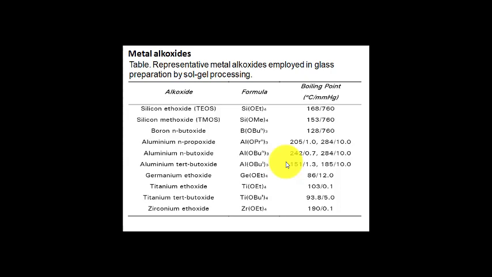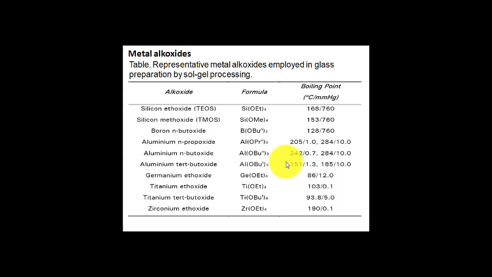Here are some metal alkoxides with formula and boiling point. These representative metal alkoxides are employed in glass preparation by sol-gel processing. First one is silicon ethoxide, which is represented by TEOS.